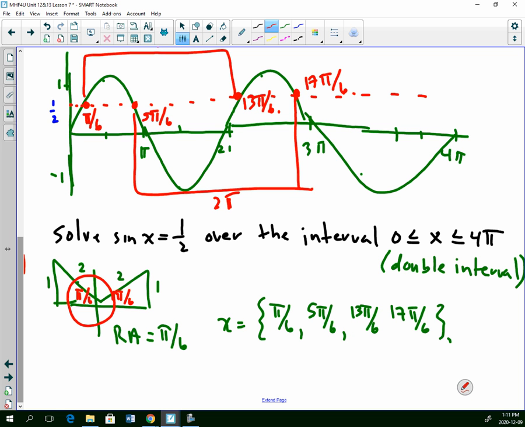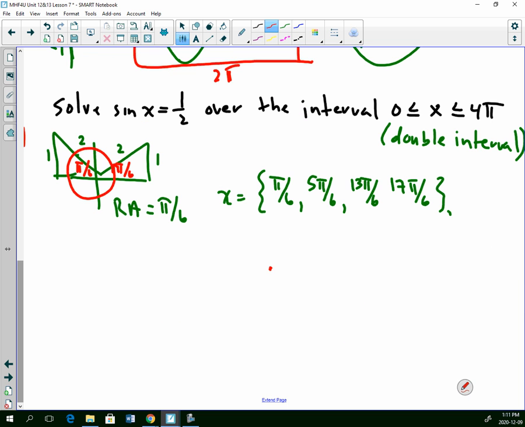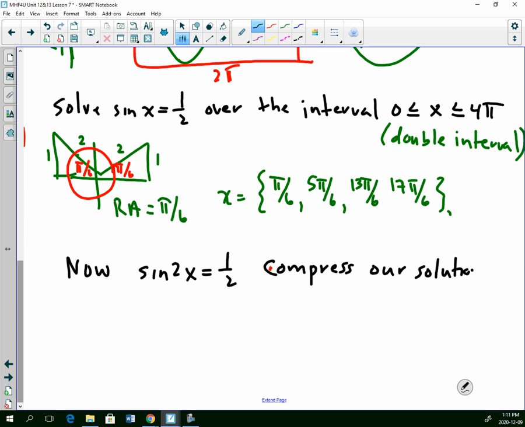But remember, that's for sine x, and we want sine 2x. So now you want to find sine 2x. We're going to compress our solutions by 1/2. So the double angle would be, pi over 6 is going to be multiplied by 1/2, so it's pi over 12.